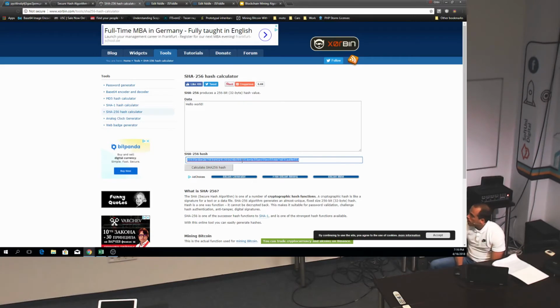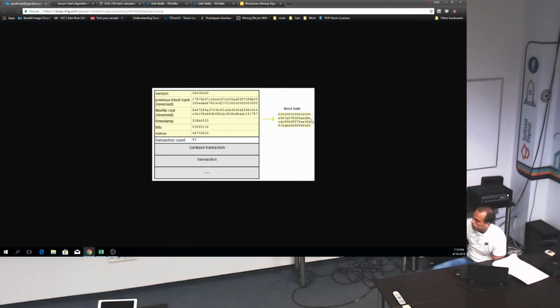When we say blocks and validating transactions, I'd like to show you what a block in the blockchain actually looks like. Everything in yellow is the information that we have in a block. We have a version, the previous block hash, the Merkle root with all the transactions inside, the timestamp, bits and nonce.